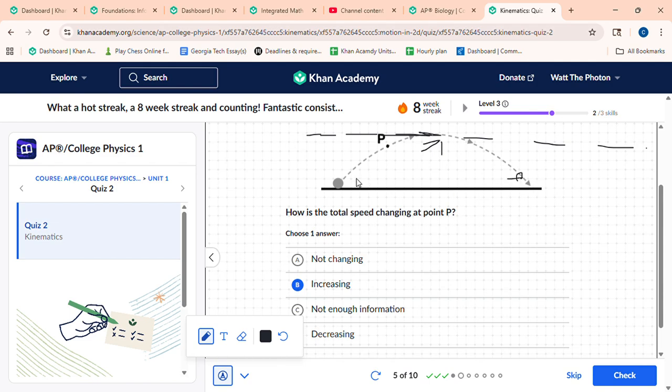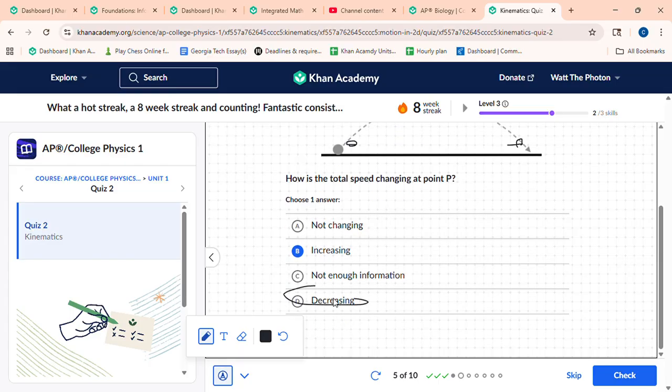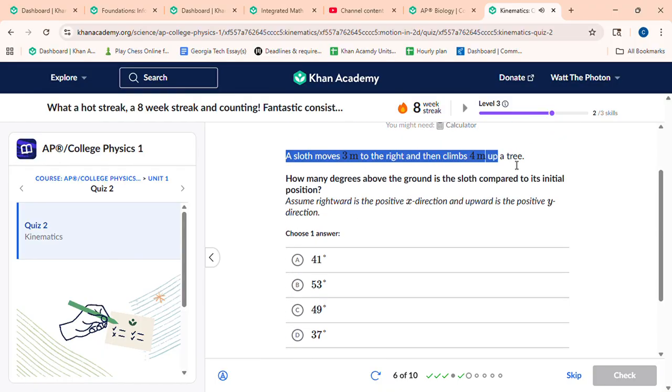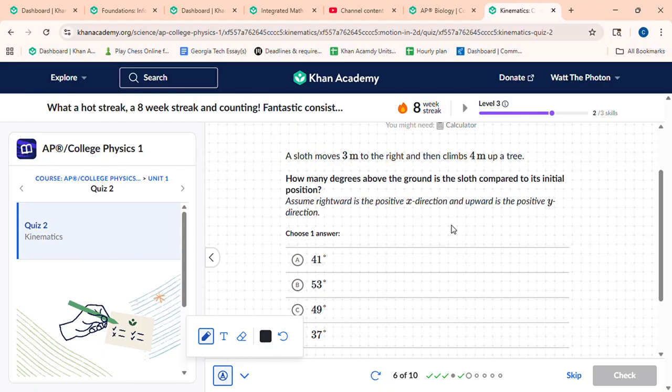Right here, you're going to have high. I guess it'd be decreasing. 3 meters to the right, 4 meters up. That's a 3, 4, 5 triangle. I think it's either 30 or 50.